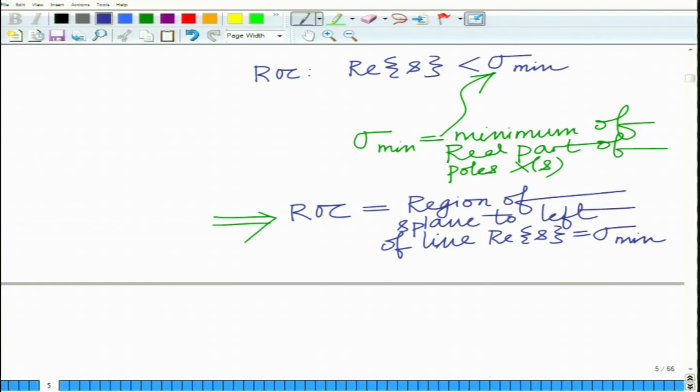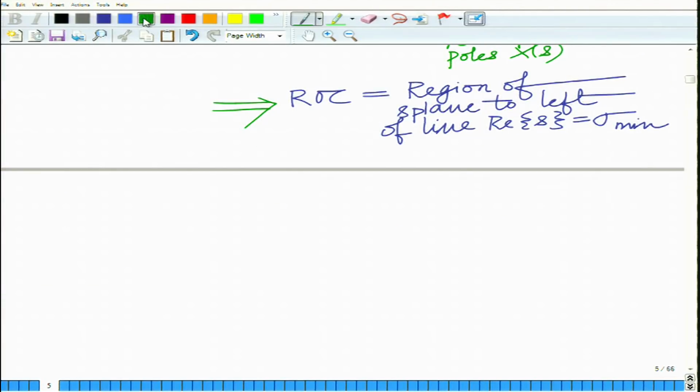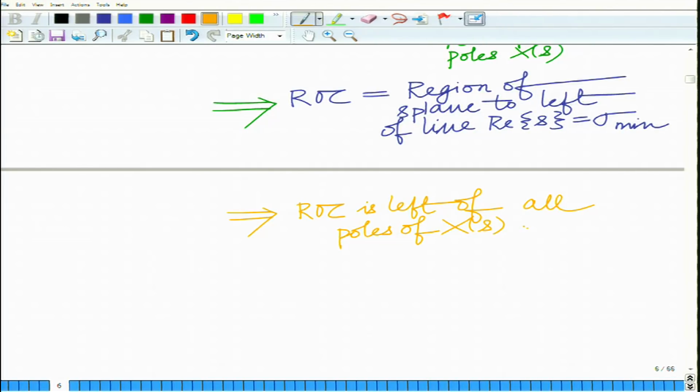So the ROC is the region to the left of this line, in fact not including the line real part of S equal to sigma min. This also implies that it is to the left of all poles of X of S, so the ROC is left of all poles of X of S.